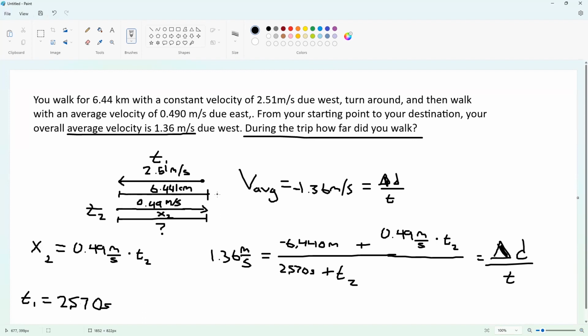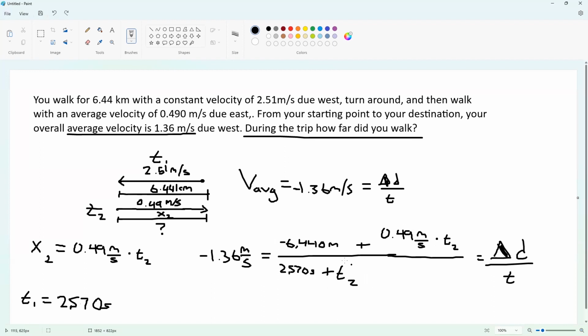If it's due west, would this be positive or negative? Negative. Right.